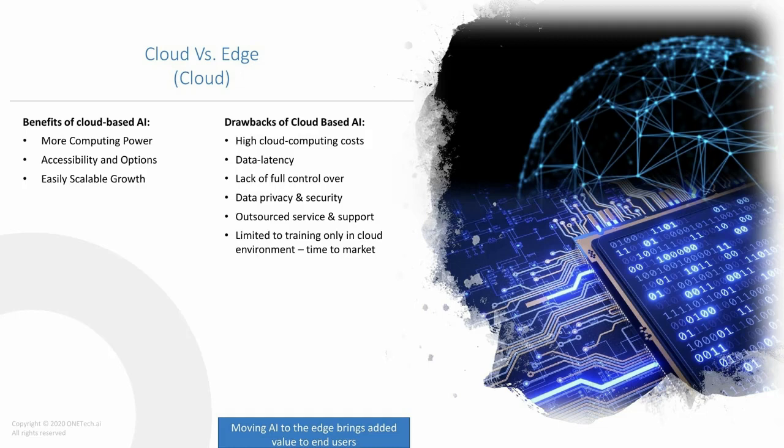Cloud AI is primarily the default AI when we talk about AI nowadays. A few years back, there was a huge breakthrough in computing power. As Michael mentioned earlier, cloud-based AI uses a lot of computational power to train and build a model.